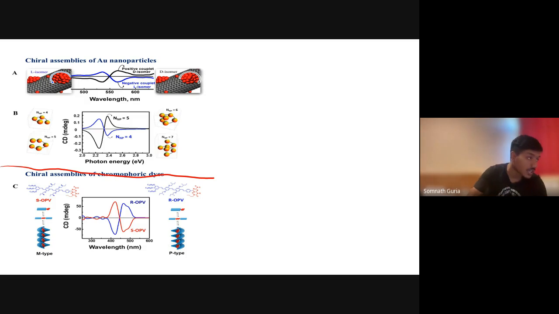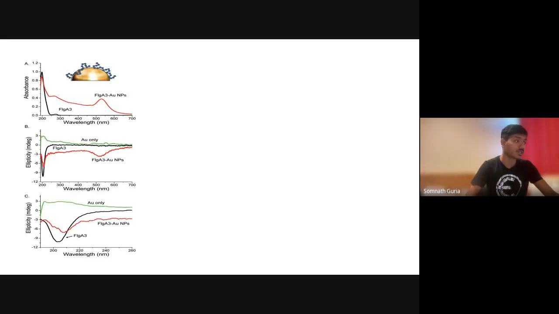So this M-type and P-type aggregation, we can easily isolate spectroscopically by CD. So this is very strong evidence that my molecules aggregate to each other, and that can be recorded by the CD spectra. Okay, so we have some interesting results over here.